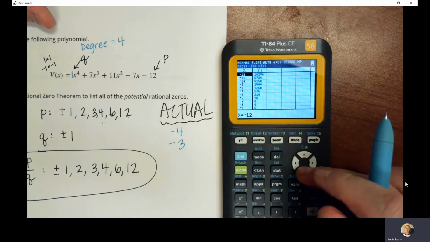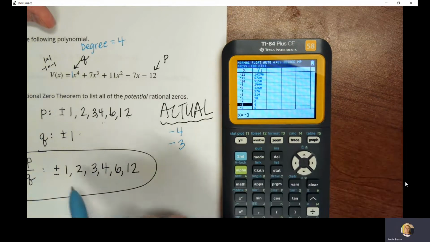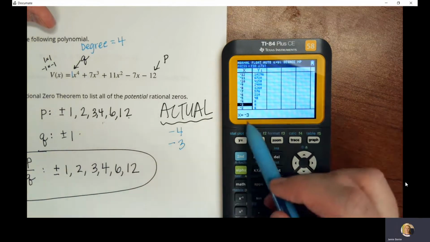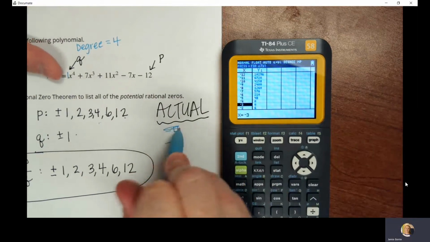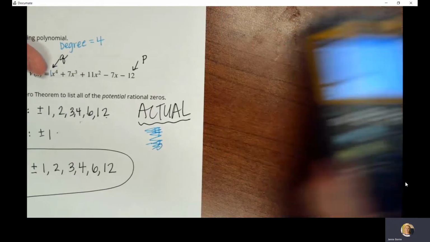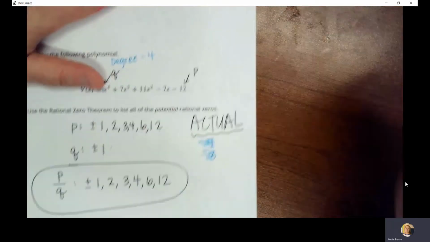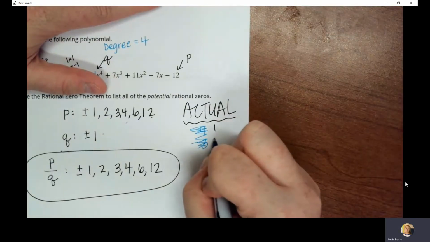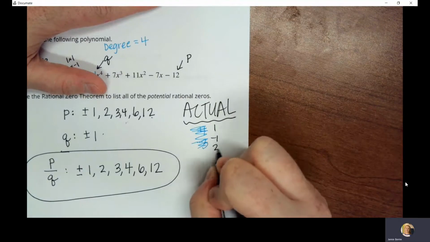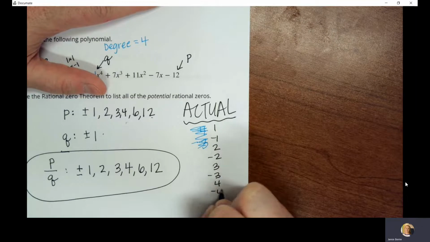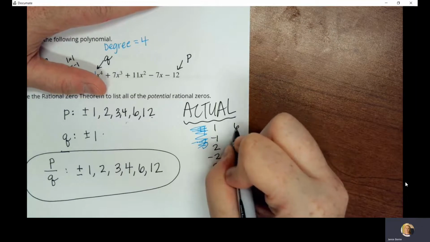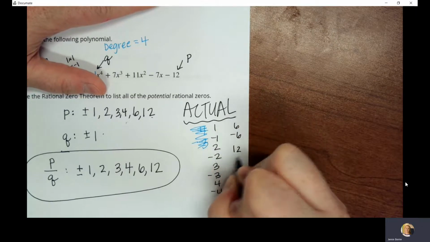All right, scooting on down. Negative 2 does not work. Maybe it would help you more if I would actually list them all out first. I think that's better. That's what I did last time. All right, so you could have positive 1, negative 1, positive 2, negative 2, positive 3, negative 3, positive 4, negative 4, positive 6, negative 6, positive 12, negative 12.